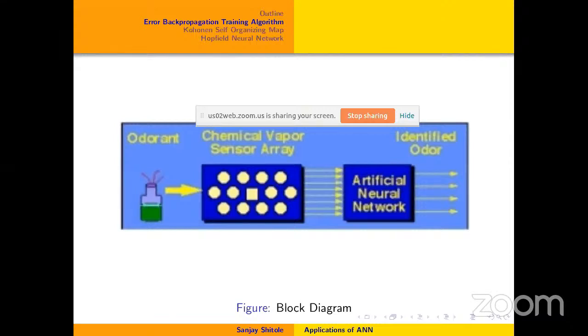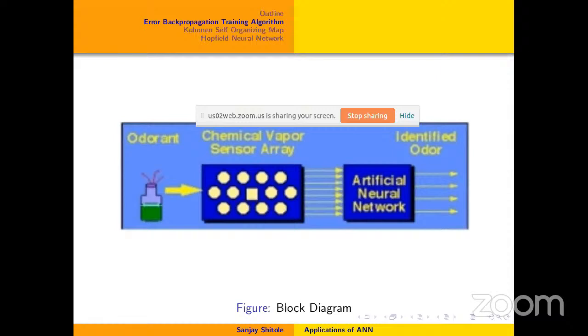You deploy this expert system on a computer in a remote place. Then consider one patient turns up and there is one technician. The technician will have the chemical vapor sensor array with him. The technician will put that chemical vapor sensor array in front of the patient's nose and try to get the exhaled air onto it. Breathe out.